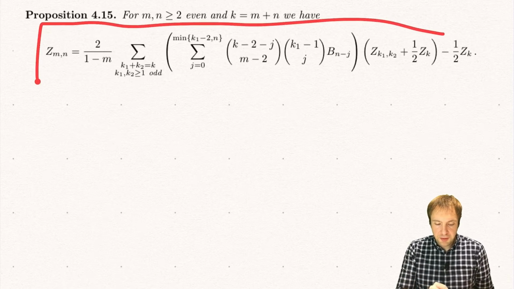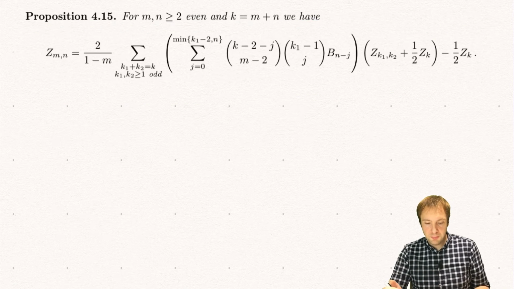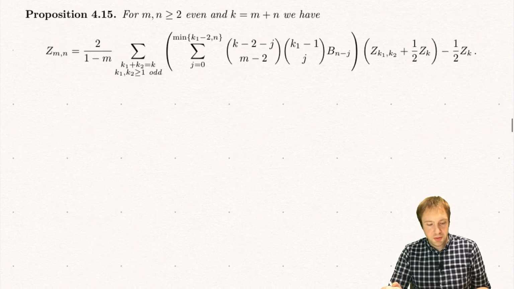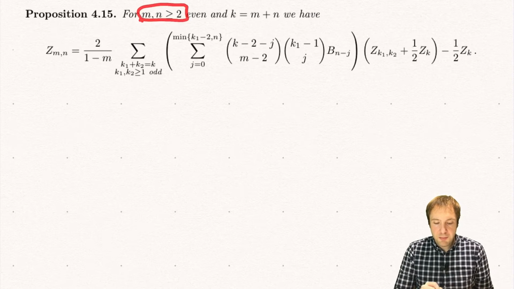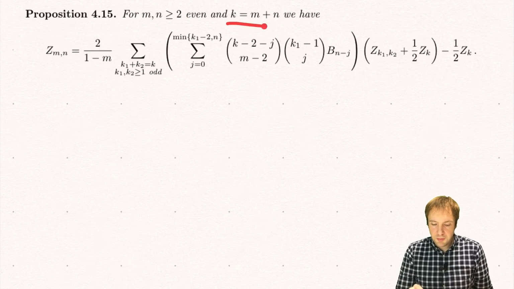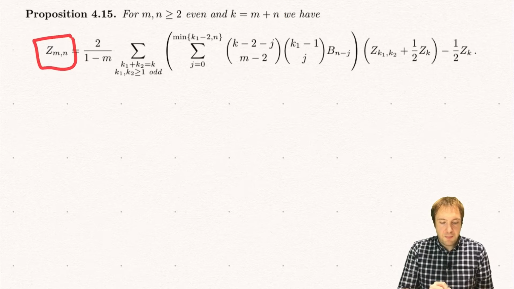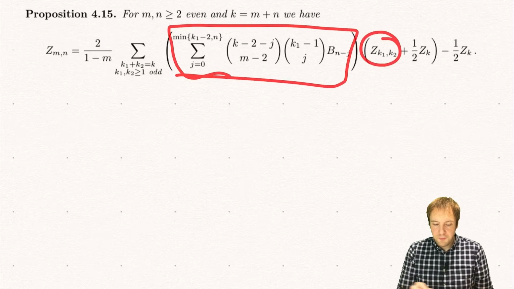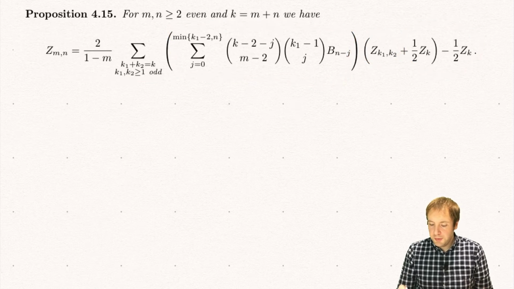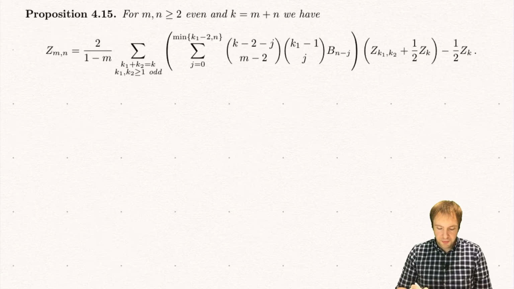And this was first done by Gangl, Kaneko, and Zagier. But the proof we just saw is maybe a shortcut version of their proof. But we see that for even m and n greater or equal to 2, and k equals the sum of these, this Zmn can be written as an explicit linear combination of Z odd plus some Zk's, but these Zk's can also be written in terms of Z odd.